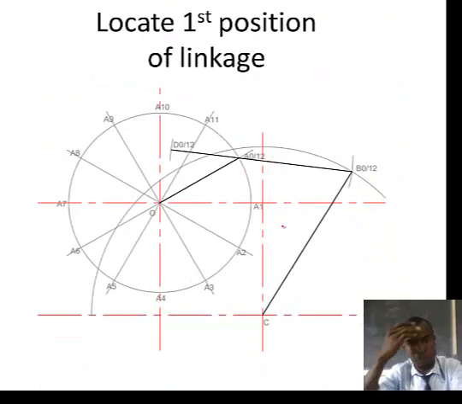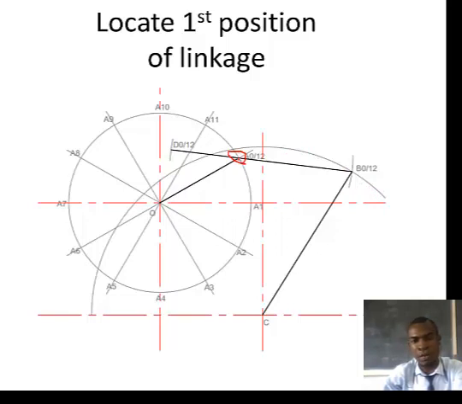Once we do that, we need to start locating the position of the linkages. Our first position: the position of A is 0 here, and we know that from A to B it's 50 millimeters. You get your compass, stand at position A, open your compass to 50 millimeters, and strike an arc along this arc of oscillation where B will be oscillating.